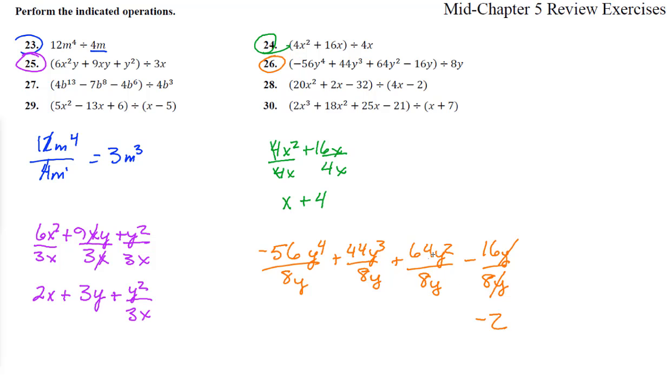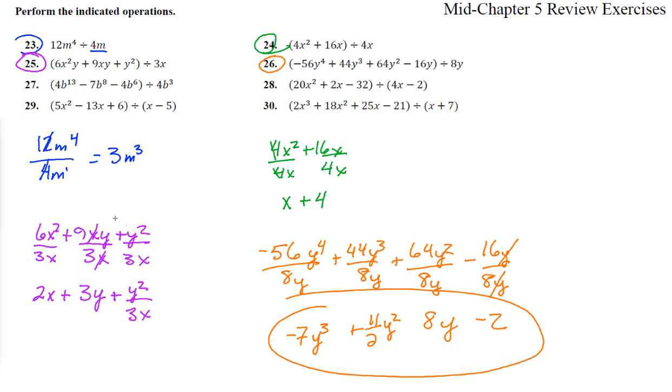Here, 2 minus 1, we're left with 64 divided by 8 is 8y. 44 over 8, that one doesn't simplify all the way, but you can take a 4 out of the top and a 4 out of the bottom, and you get 11 halves. Y cubed over y, 3 minus 1 is 2, so we're left with y squared. And right here, negative 56 over 8 is a negative 7. Y to the 4 minus 1 is 3. And so that will give you number 26.